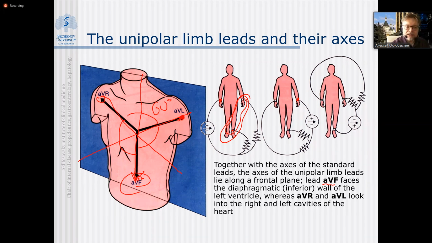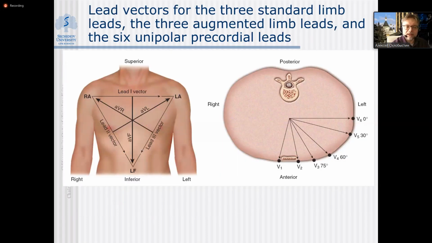Therefore, instead of the classical 3 leads, which are horizontal, under the angle of 60, 120, we'll get 3 extra that will work like a bisector. So, for instance, AVF will go just in between the angle between the second and third leads.